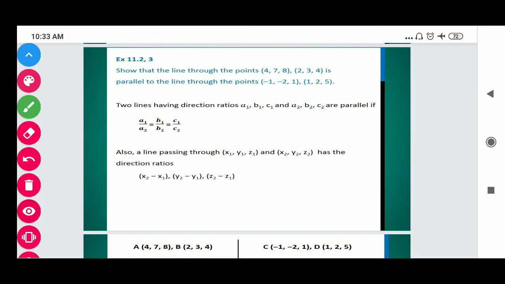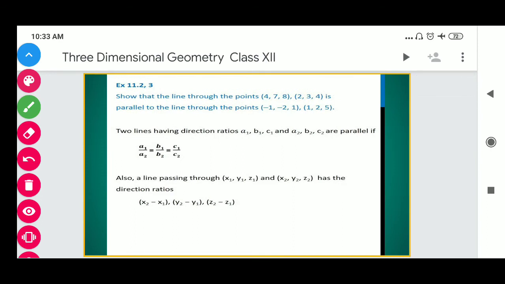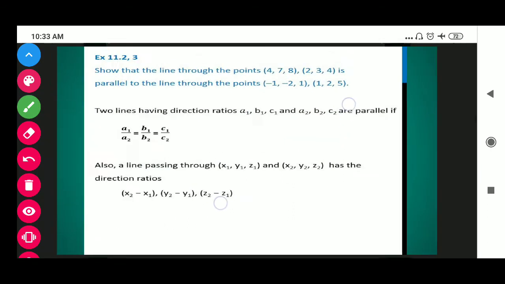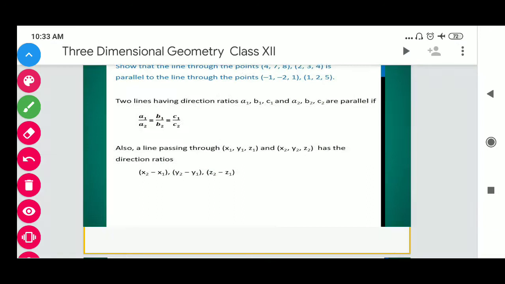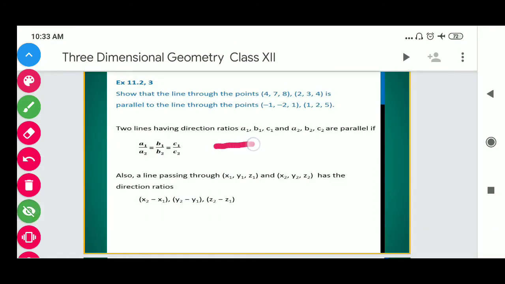Direction ratios are x2 minus x1, y2 minus y1, z2 minus z1. So two lines have direction ratios a1 b1 c1 and a2 b2 c2. These are parallel if a1 over a2 is equal to b1 over b2 is equal to c1 over c2.